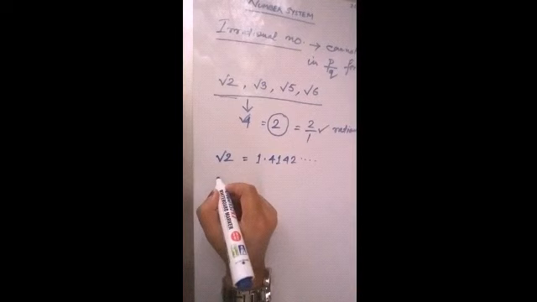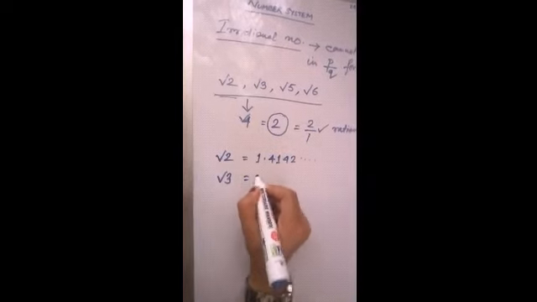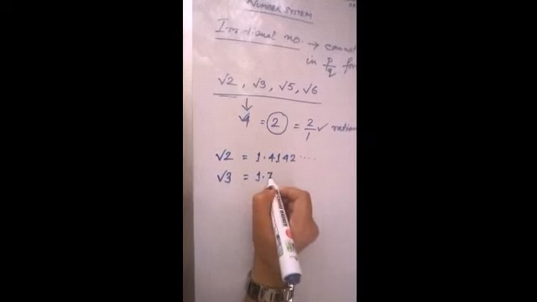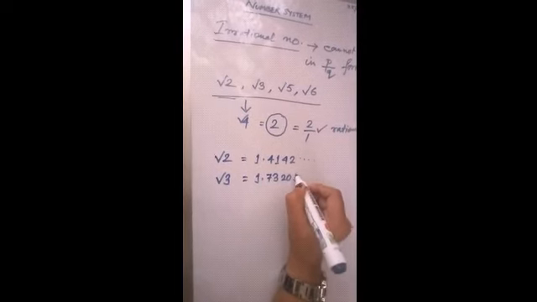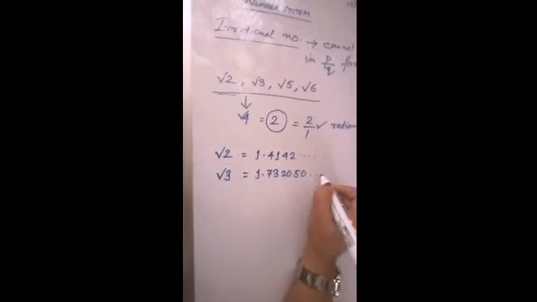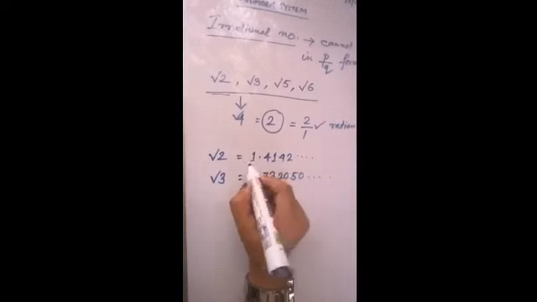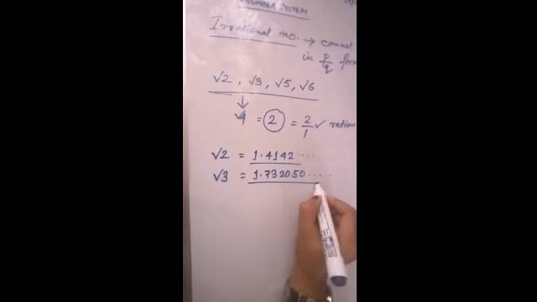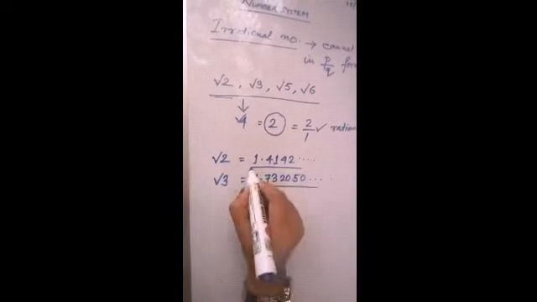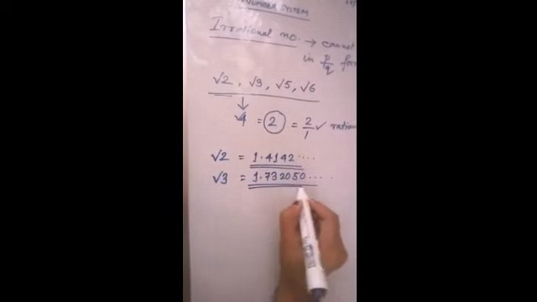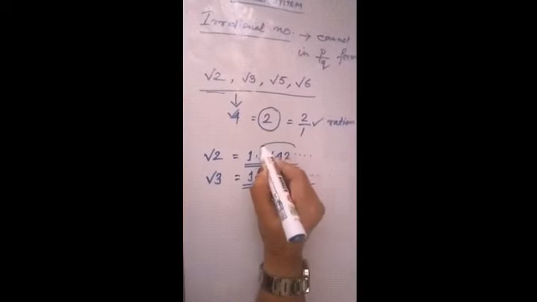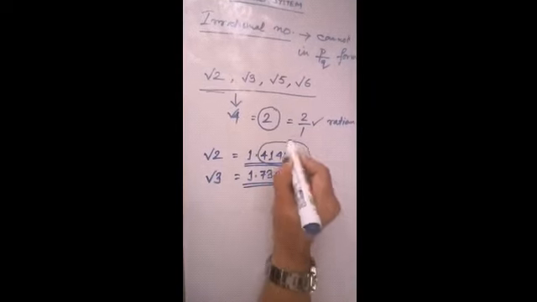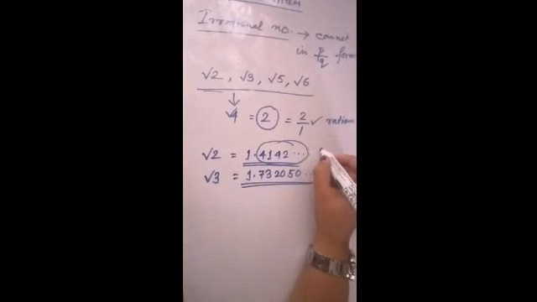What is the value of root 3? 1.732050 and so on. That means what? In both cases, it has a decimal part, that's no issue, but the number after the decimal is non-terminating.